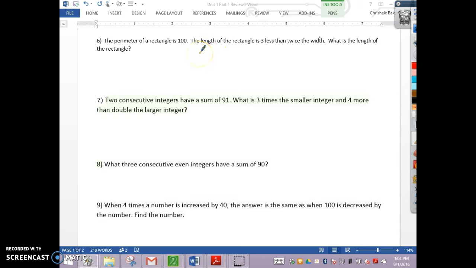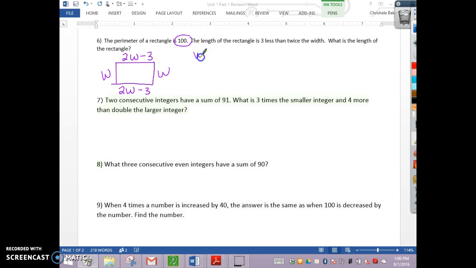So we're going to draw our rectangle. And we have the width being the small one, and the length is 3 less than twice the width. We know that perimeter is 100, so if we add up all the sides, we are going to get 100.